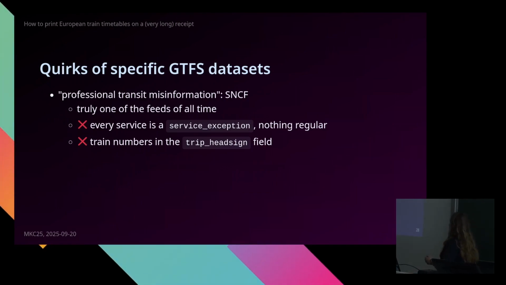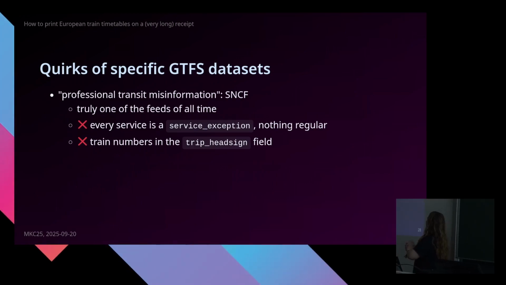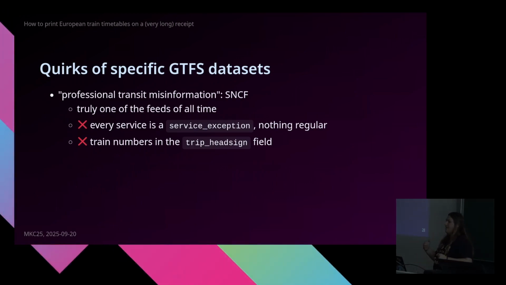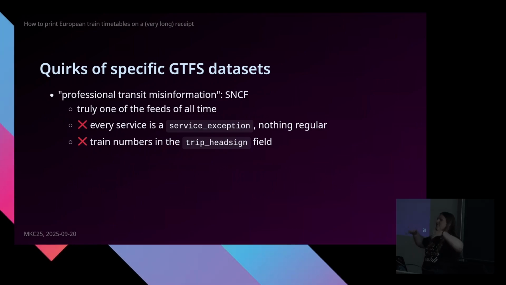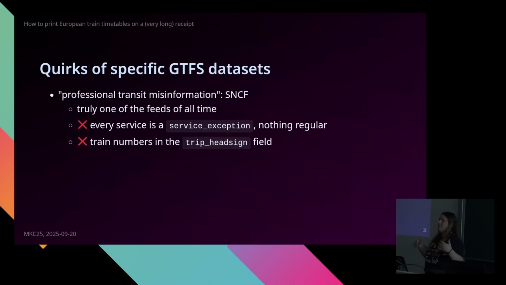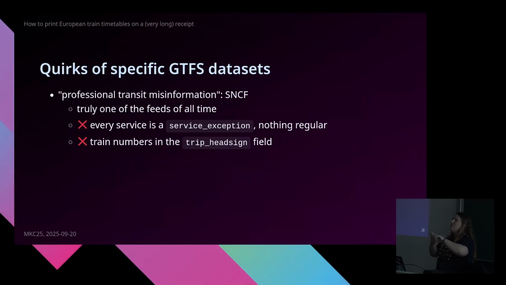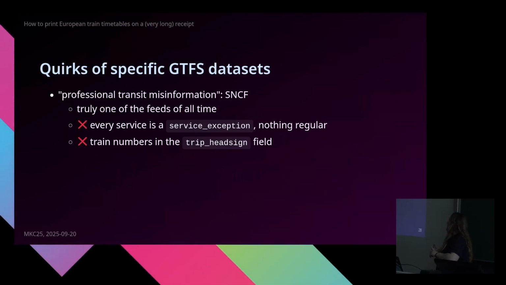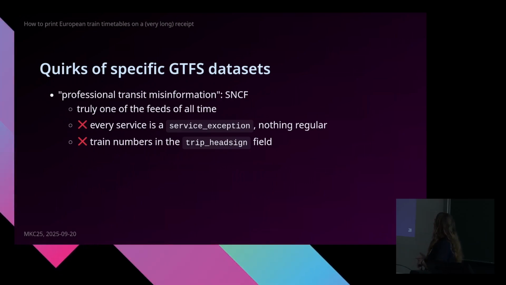They're the ones who are putting wrong data in the wrong fields. So basically the trip headsign is, as the name suggests, a headsign. So it's supposed to be a generic direction of where the vehicle is going. So it should be a city or a station or a generic direction. SNCF does not care about this and just puts the train number here.